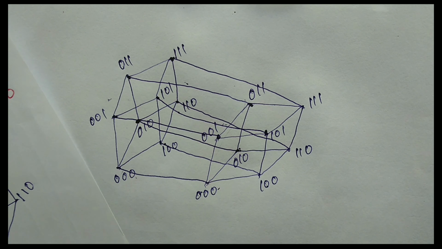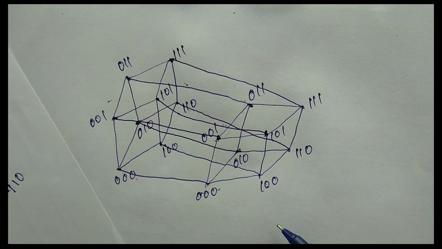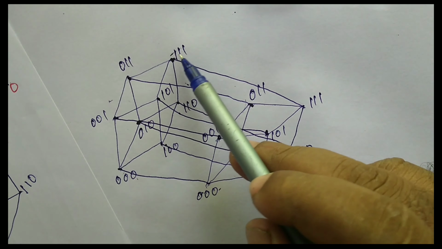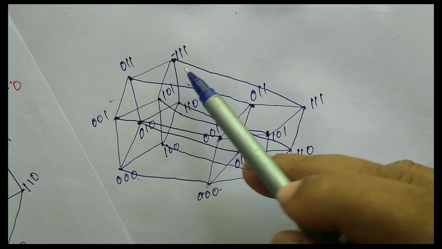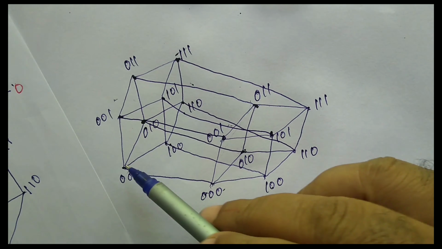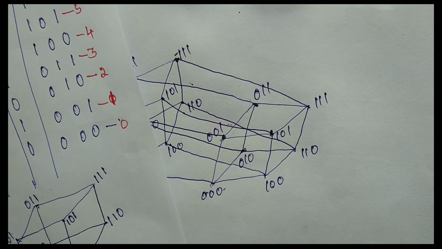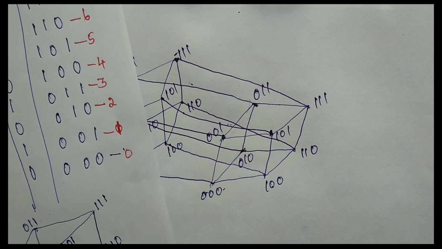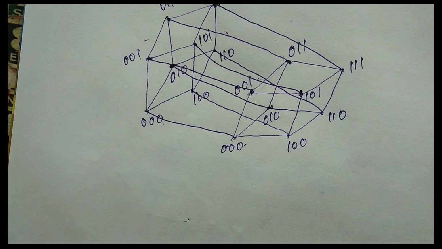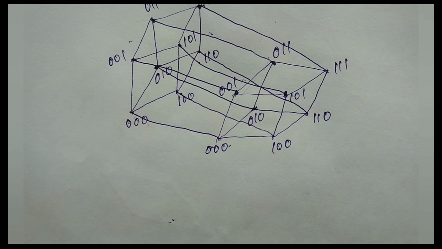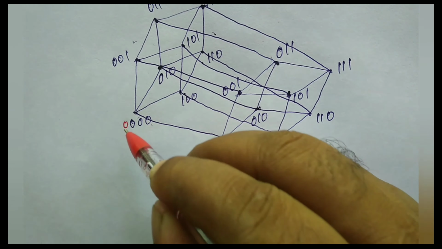Now we connected all these things. But the coordinates contain total 3 variables only. So for the first cube, you put 0.